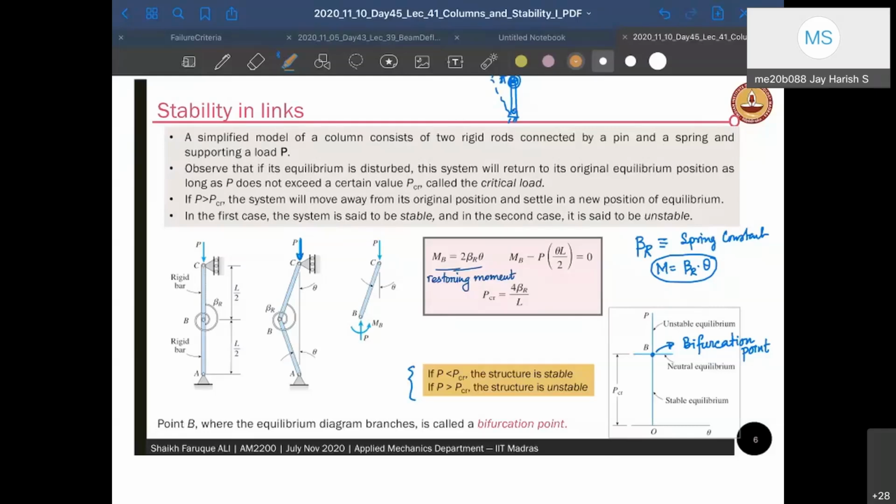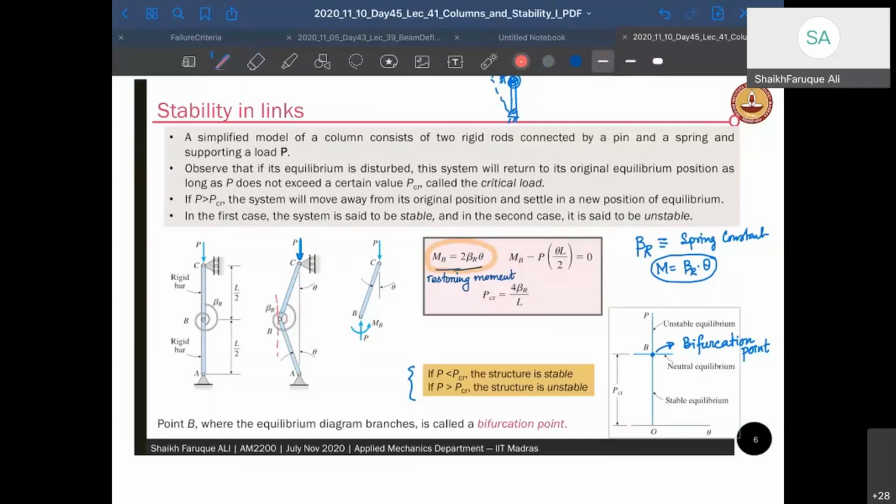So this is actually the spring moment that the rotational spring is resisting, and that is given by K_R into theta. Now the spring has moved not only by theta, it has moved by 2 theta. If you take it from here, this is your theta, and here also there is theta.